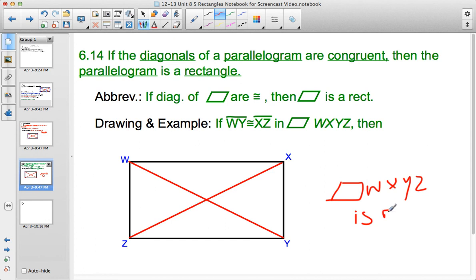I'm going to abbreviate that because it's really hard for me to write with this right now. So what we would say is that WXYZ is a rectangle if we know that WY, that diagonal, is congruent to XZ. So the additional property of rectangles that we learned this lesson is that the diagonals of a rectangle are congruent. That's the end of this lesson.